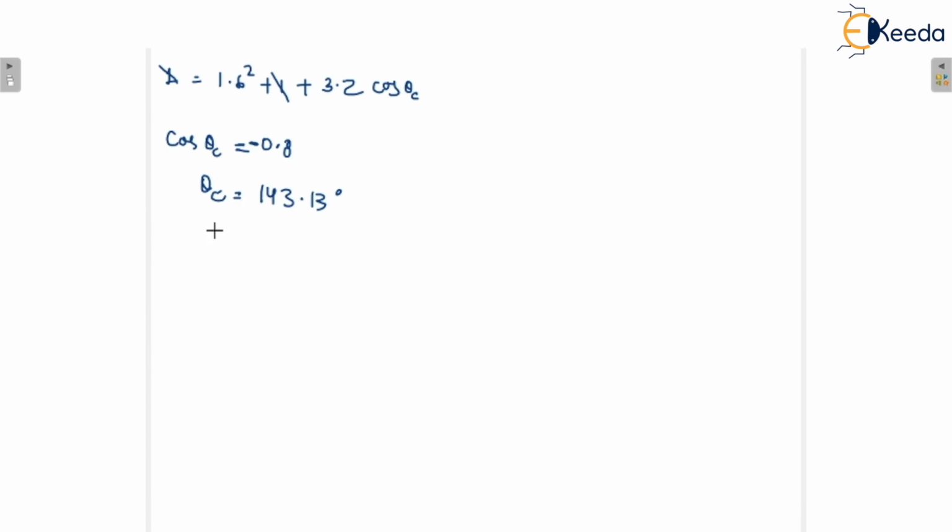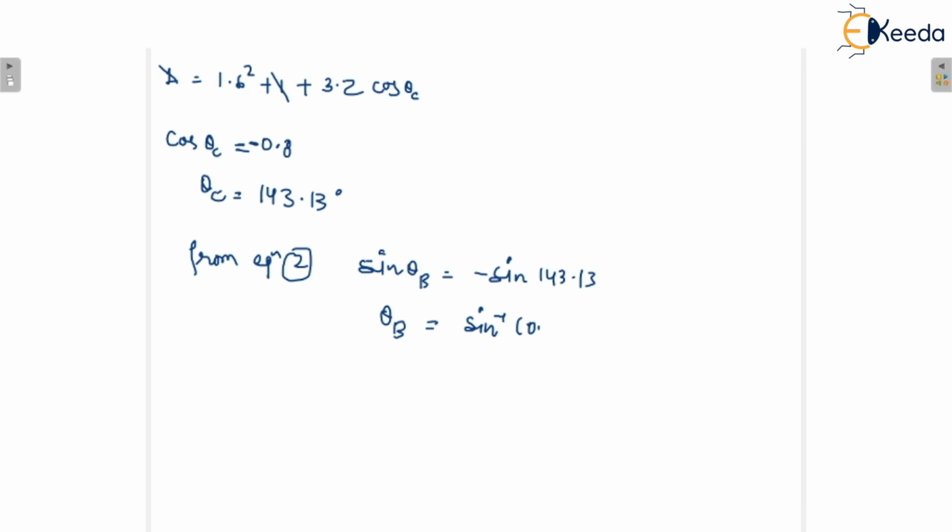From equation number 2, you can get sin theta b is equal to minus sin theta c. Theta c is 143.13. Okay, so when you do the calculations, you will get the value of theta b, which was asked in the question. So you will get sin inverse 0.6.